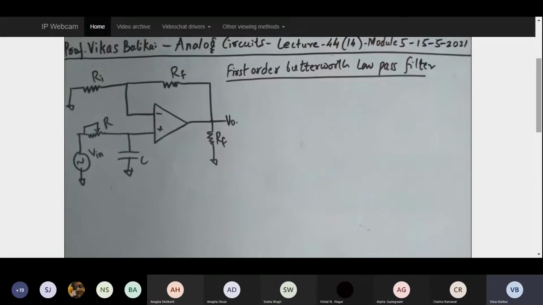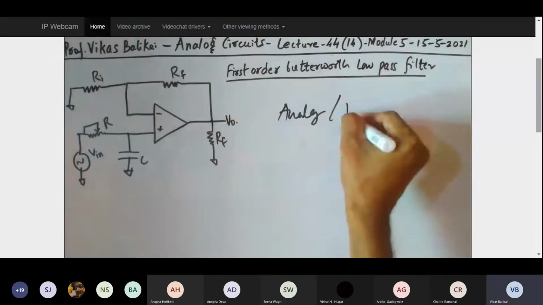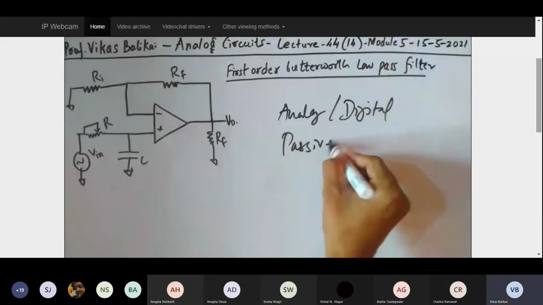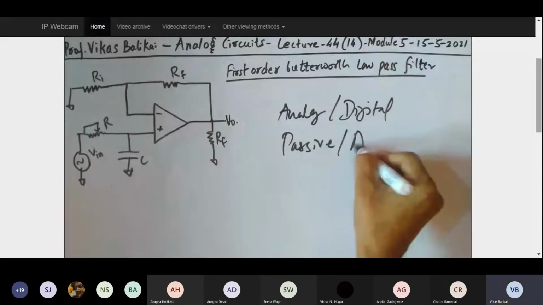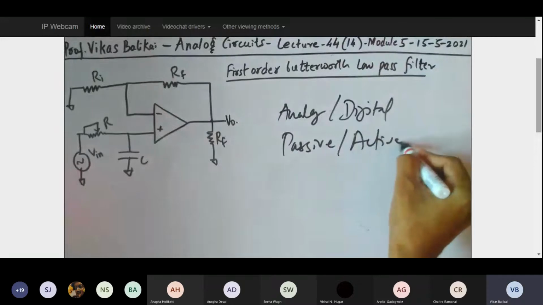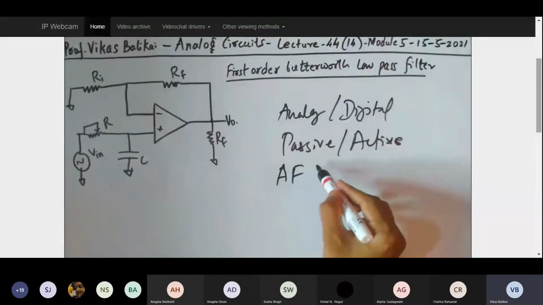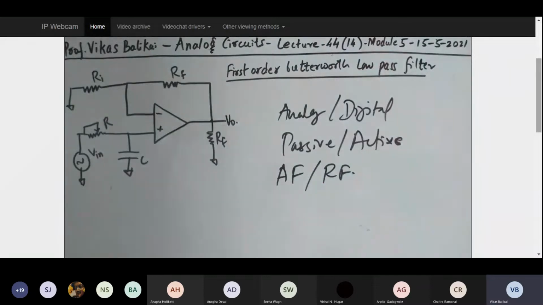Typically we have 3 categories of filters. The first is analog or digital filters. The second is passive or active filters. And the third is audio frequency or radio frequency filters, AF or RF filters.